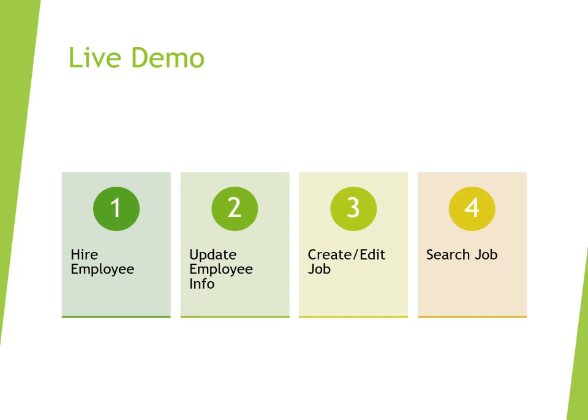The live demonstration will cover hiring an employee with a valid salary, followed by an invalid salary to demonstrate trigger enforcement, updating employee information through the interactive grid, creating and editing a job record, and searching for a job by job ID using the getJob function.